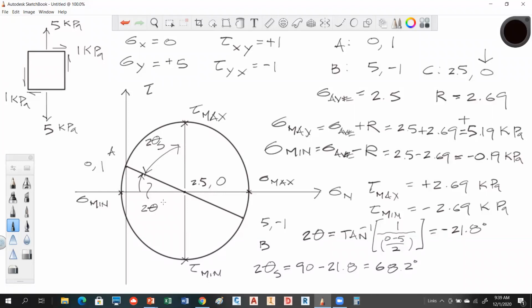So what you're looking for are a couple things, okay? You're looking for the maximum value of normal stress, the minimum value of normal stress, the maximum and minimum of the shear stress, okay? And then this angle is the angle along which this guy occurs, okay?